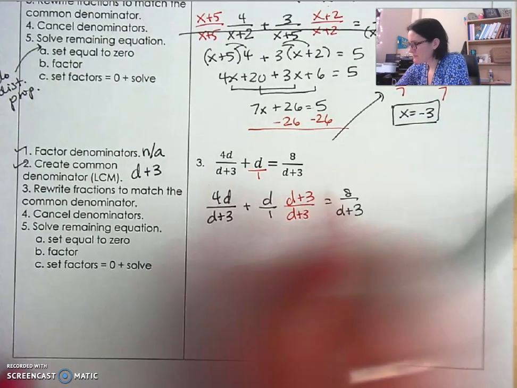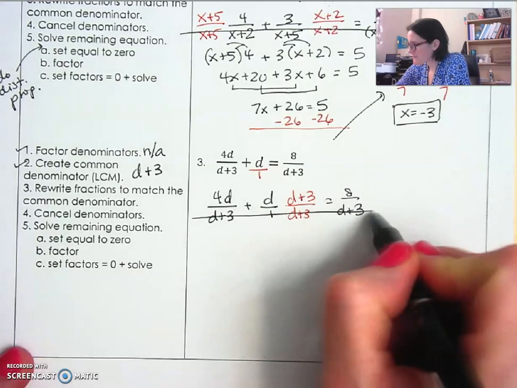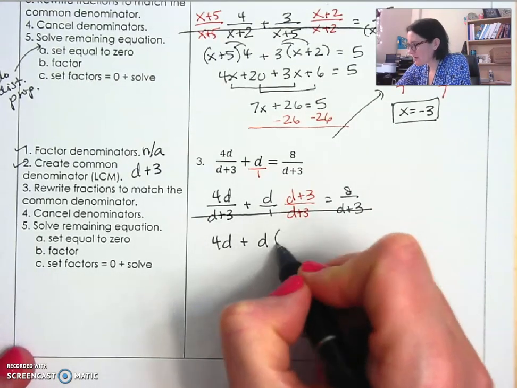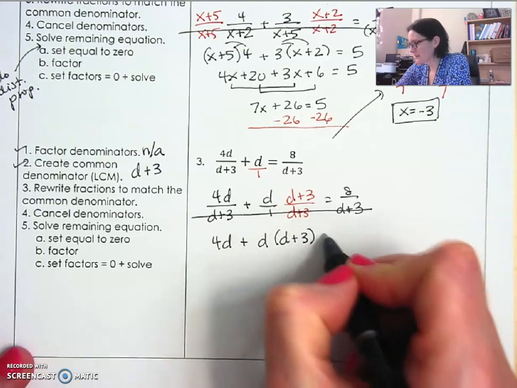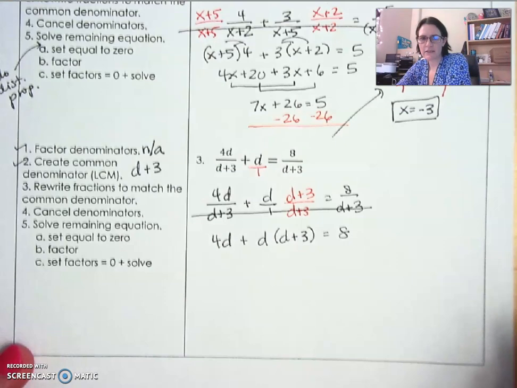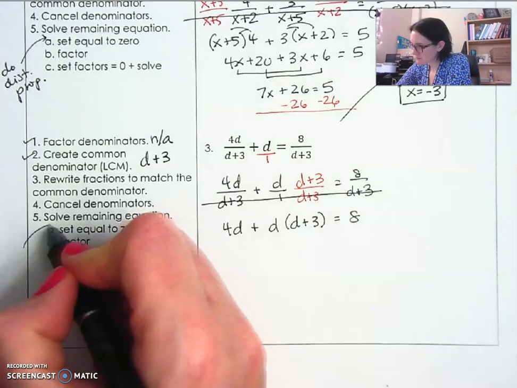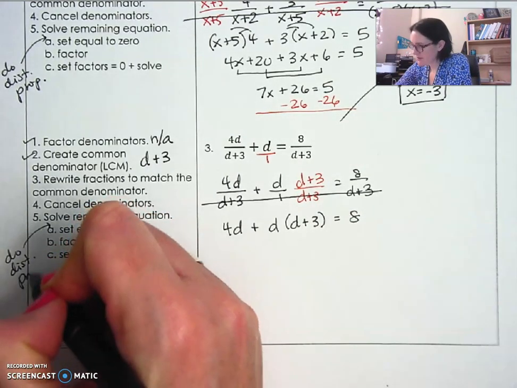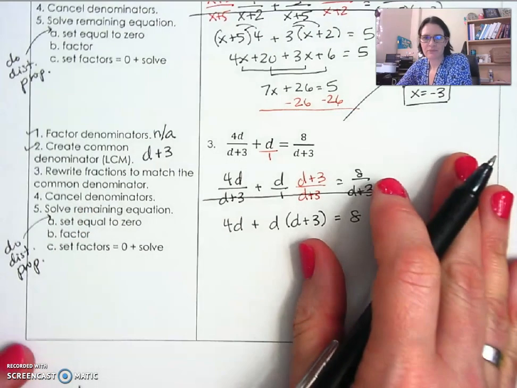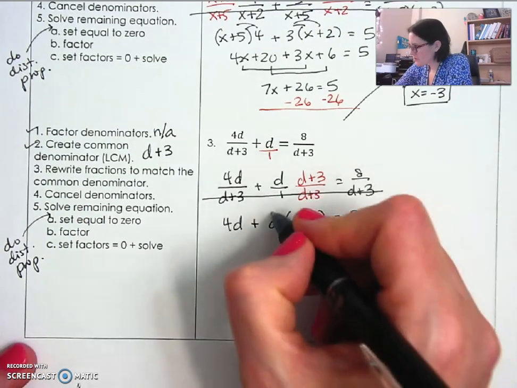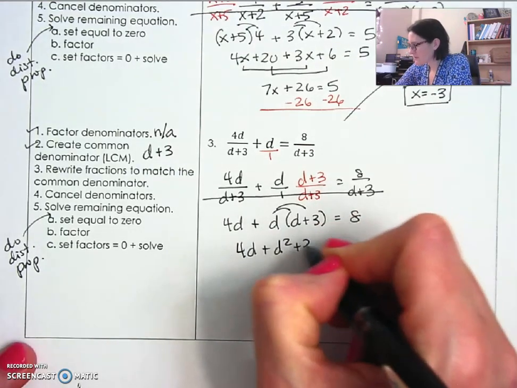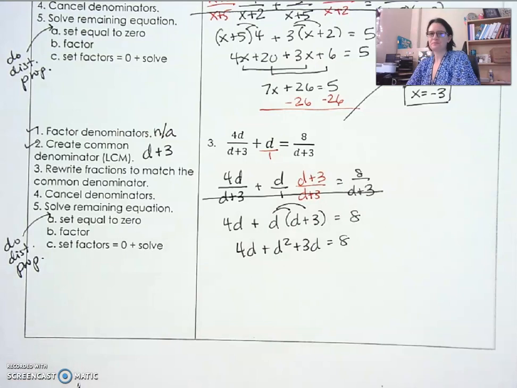So now I get rid of the denominators, and I'm left with 4d plus d times all of d plus 3, so I need parentheses, equals 8. Do distributive properties. So distribute, so 4d plus d squared plus 3d equals 8.